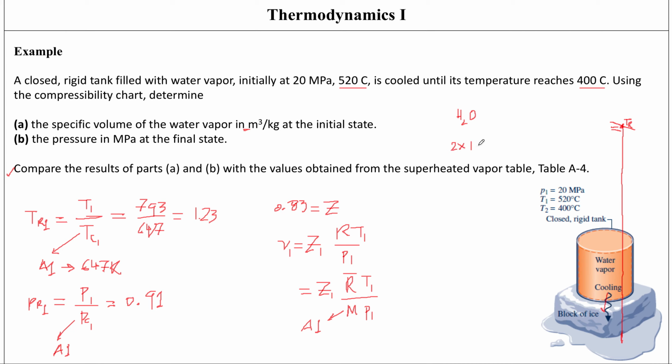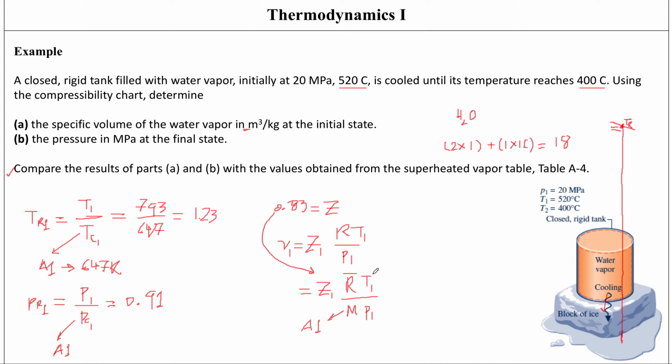I think this is going to be 1.008, but I'm just going to assume it's 1, plus, because I've got only one oxygen here, 1 into 16. So the molecular weight is going to be somewhere around 18. 18 what? It's going to be 18 kilograms per kilomole. So I'm just going to substitute this value, Z1, from here.